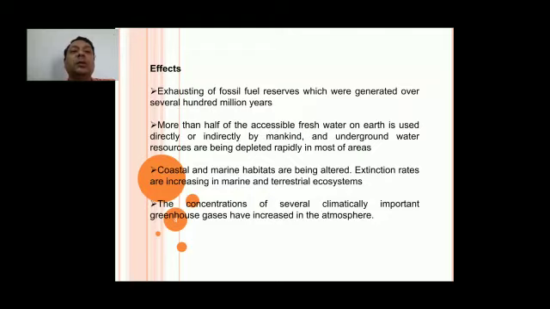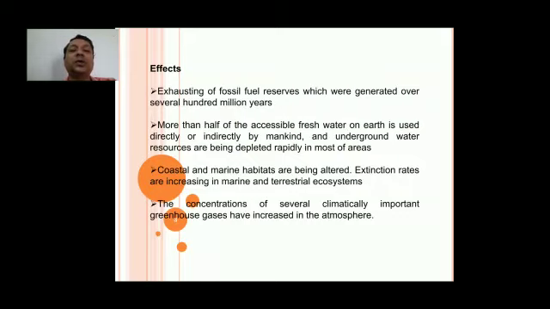Coastal and marine habitats are being altered. Extinction rates are increasing in marine and terrestrial ecosystems. For a terrestrial ecosystem, we can take the example of the forest. This terrestrial ecosystem exists on land.